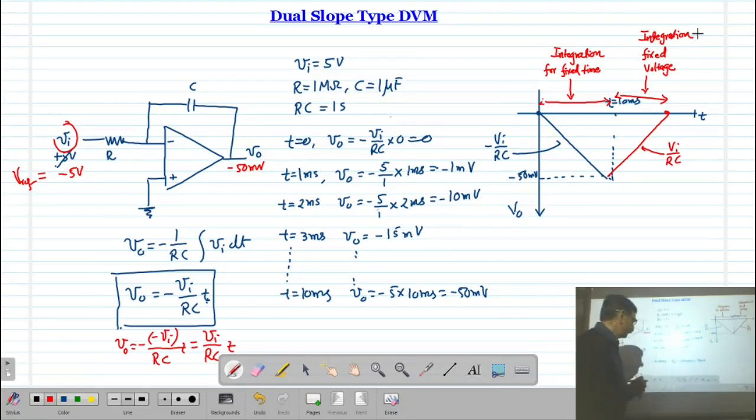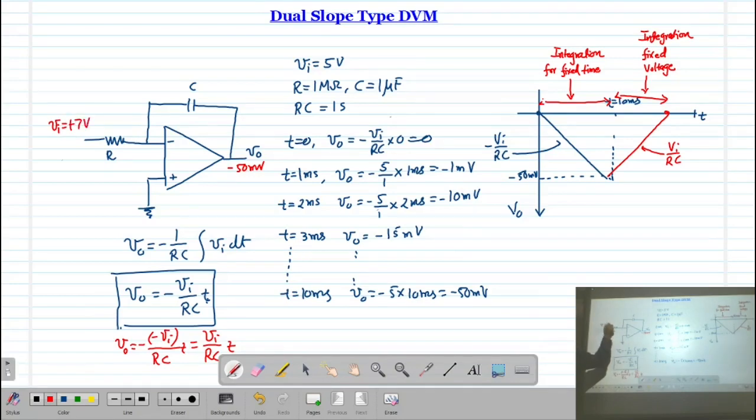Now let us say that instead of plus 5 volt here at the input, I apply Vi equal to plus 7 volt, meaning my input voltage is higher. Then what will be the output? If you see in the graph, here the Vi is plus 7. If you calculate the slope, then the slope will be larger.